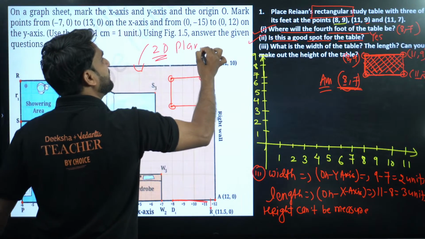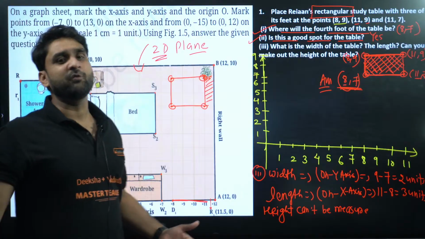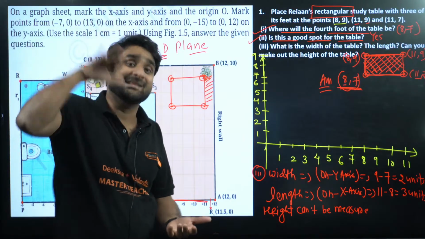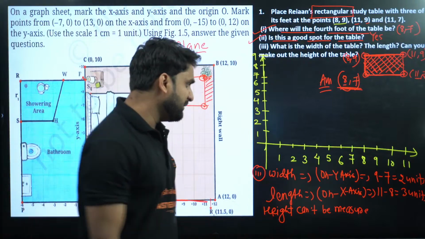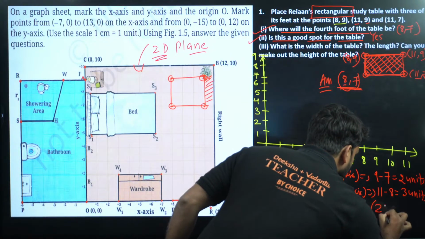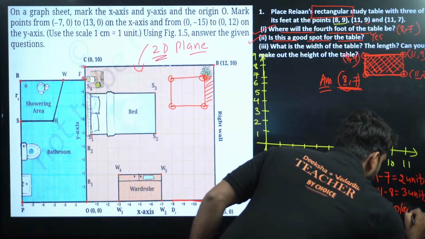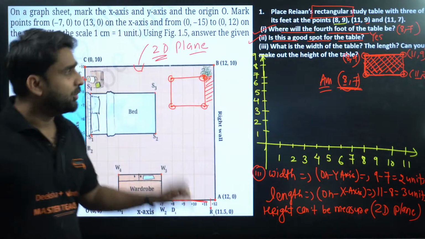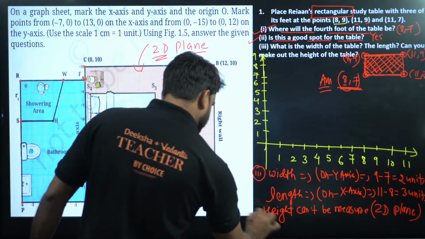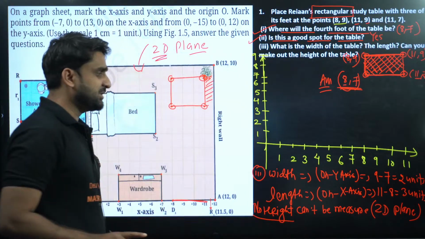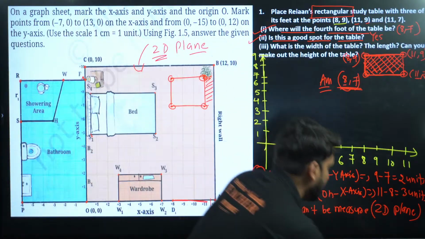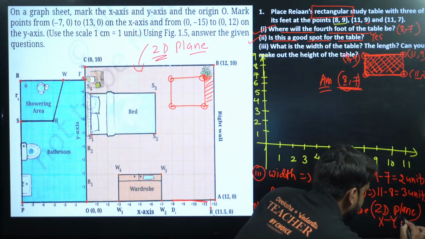If this is a 2D plane, we cannot say anything about height. We don't know the height of the table. Height can't be measured because we are talking about a 2D plane. Only x and y axis are there.